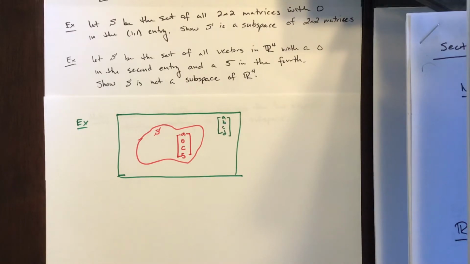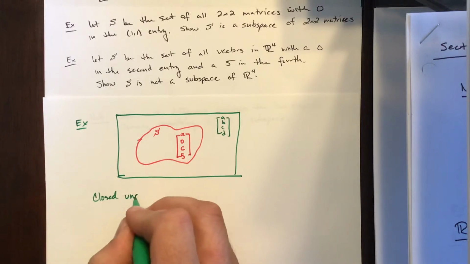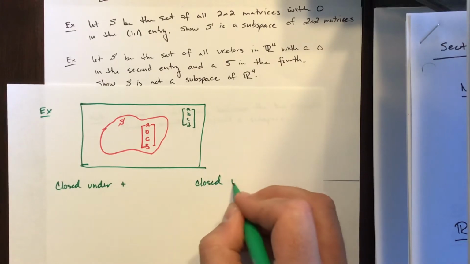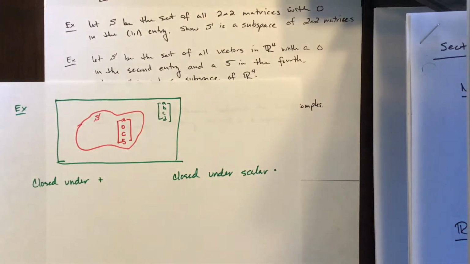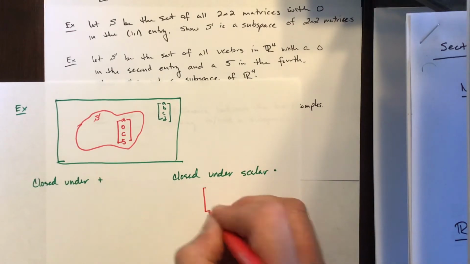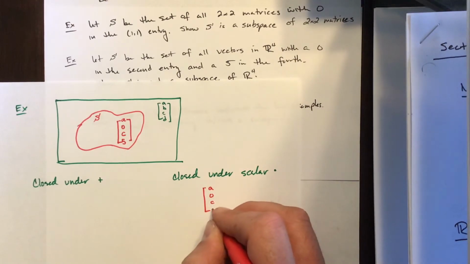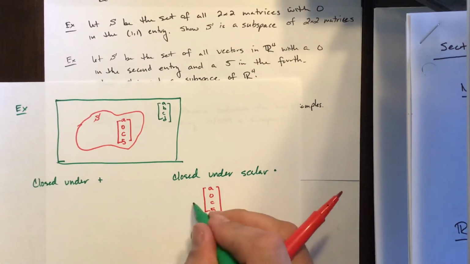And you ask yourself, is it closed under addition? Is it closed under scalar multiplication? Okay. We're going to look at scalar multiplication. So you take the generic element A, 0, C, 5, and you multiply it by some scalar k.